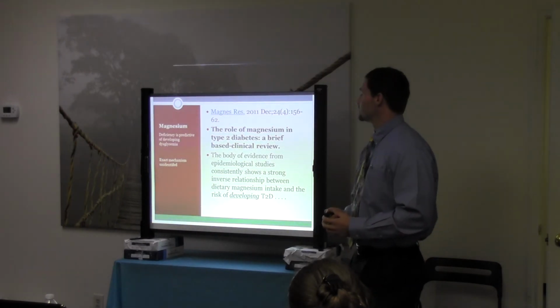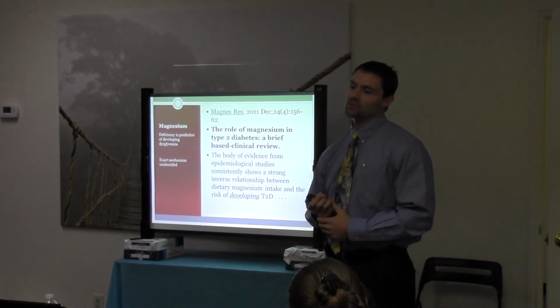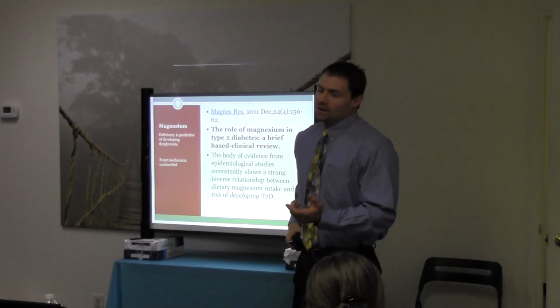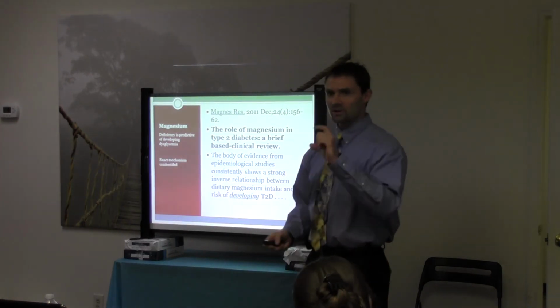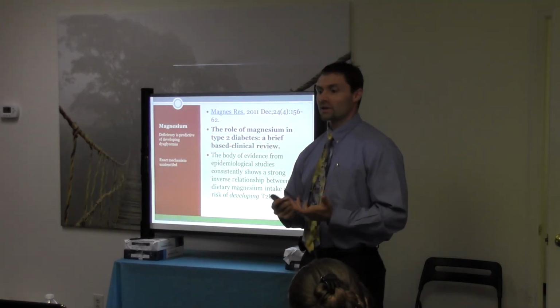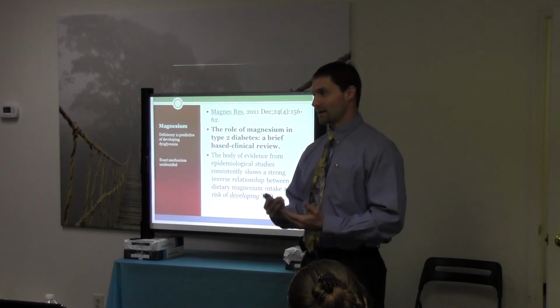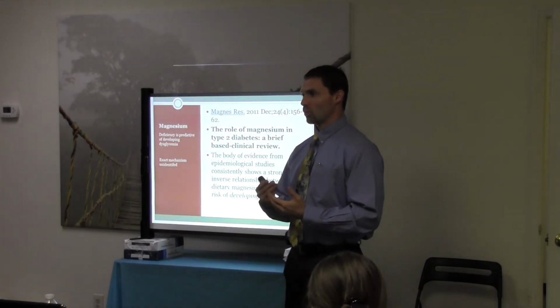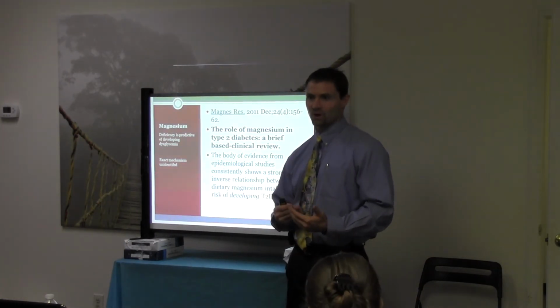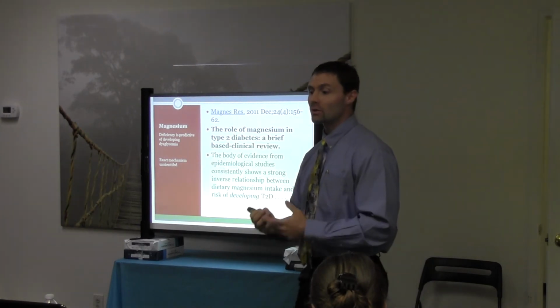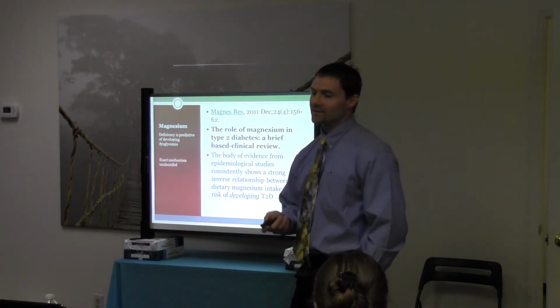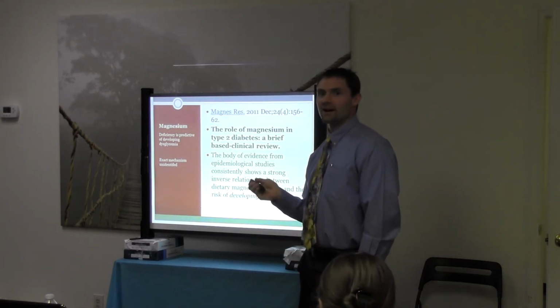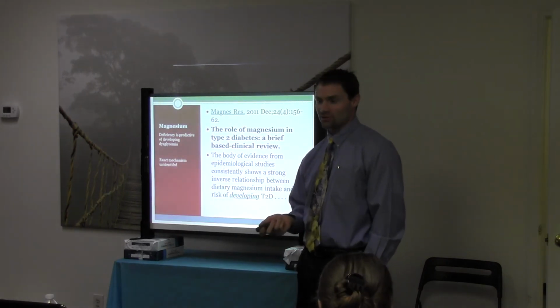Let's look at magnesium. I think this is a pretty interesting one because you'll notice on the left-hand column here I put down in the lower section, there really hasn't been a defined mechanism of action on exactly what the role of magnesium is in this process, but we know it's there. In fact, we have an entire journal related to just magnesium research.